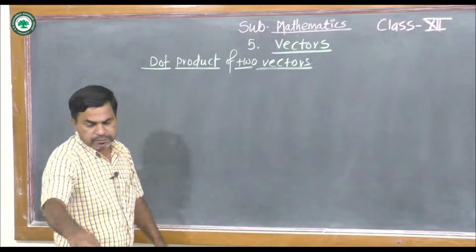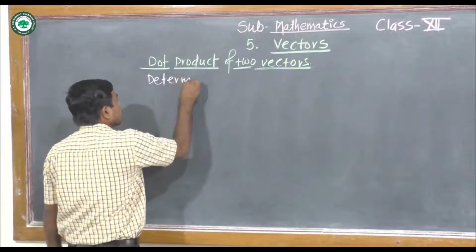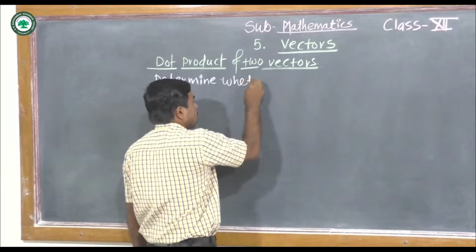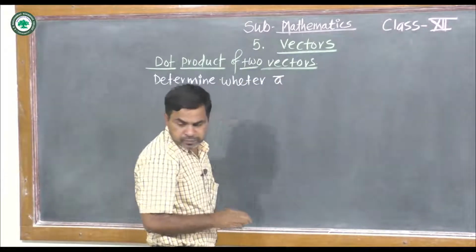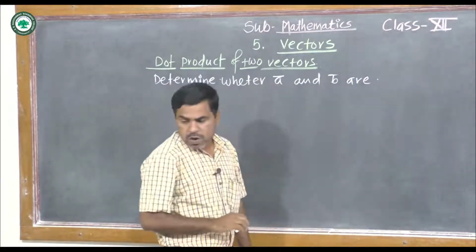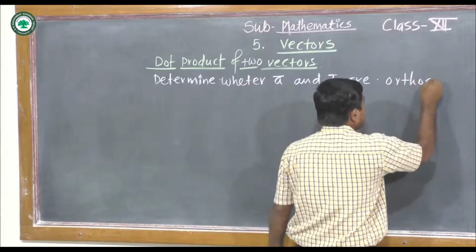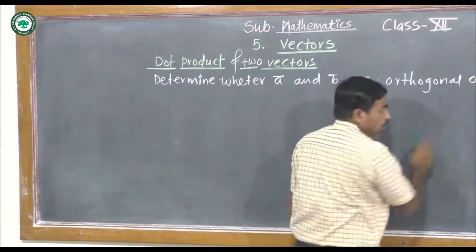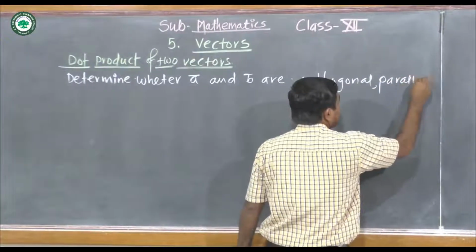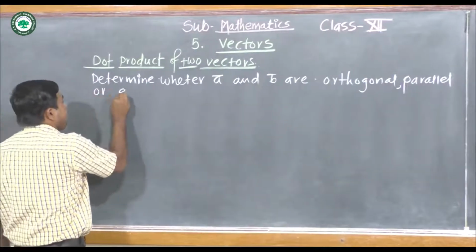So see, first question: determine whether A bar and B bar are orthogonal, parallel or either.